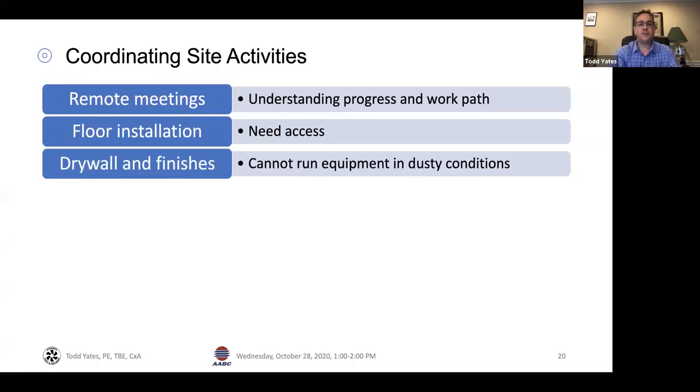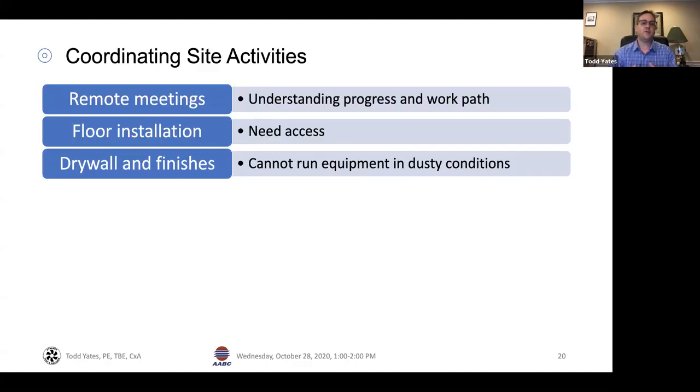Drywall finishes is another common issue. If you have a building where they are spraying paint and working on drywall, these things create a lot of dust. They prevent function of the equipment. Now, sometimes we do see them run the equipment. What happens there? We have the same issues as before, where we're not sequencing. This work can't be going on on a calendar timeline. It may look fine.